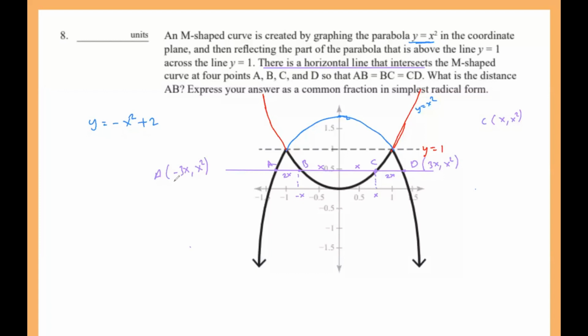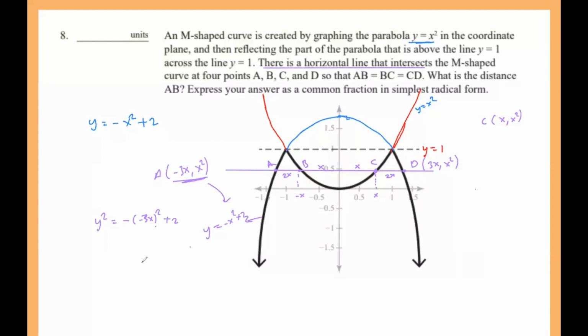So now we do have the coordinates of A, B, C, or D. We can plug any of these points into this equation because this graph was the equation. Remember, this is equal to negative x squared plus 2, right? And if I just plug this point into this equation, I should be able to get my x value. Let's do that. So x squared is your y value. So x squared equals negative of 3x to the second power, plus 2.